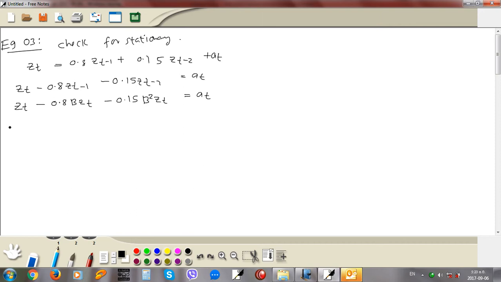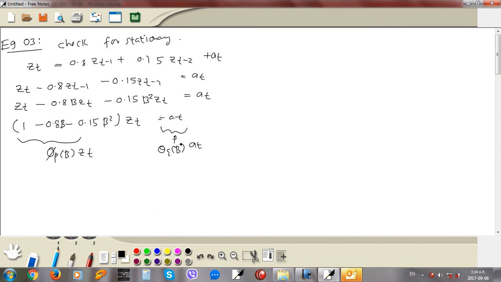Now what you can do is take z terms out from the bracket: 1 minus 0.8 B minus 0.15 B squared, z t equals a t. So this part is phi p B z t, and since a t is there, that is the moving average part, theta q B a t.